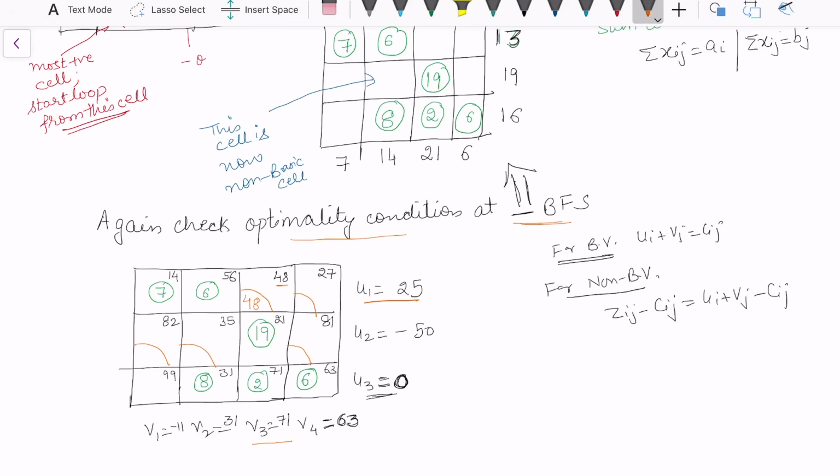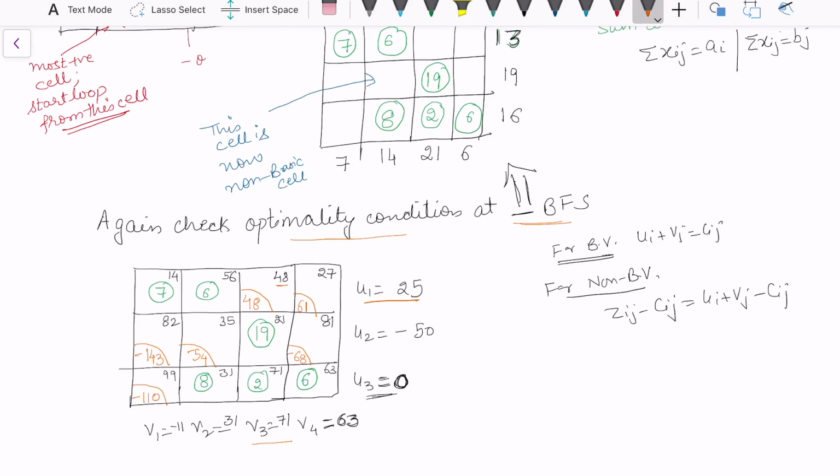The next quantity comes out to be 61. This quantity is minus 143. Next is minus 54. This is minus 68. And the last comes out to be minus 110.